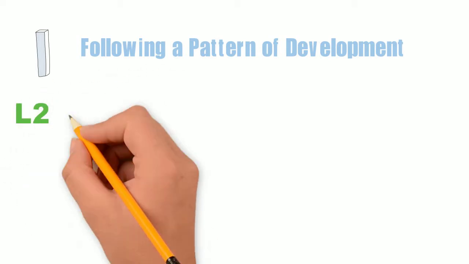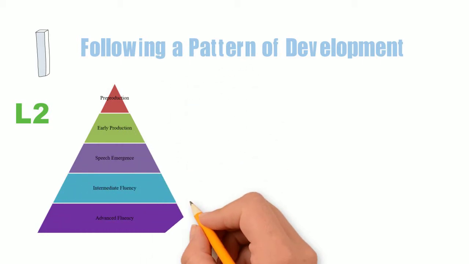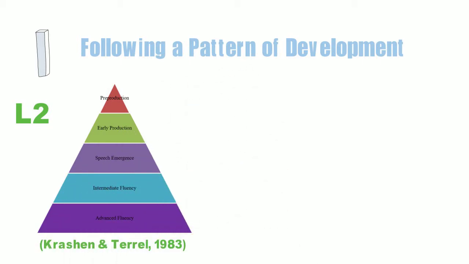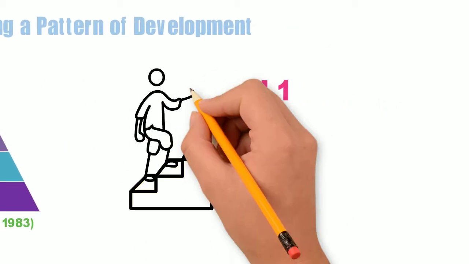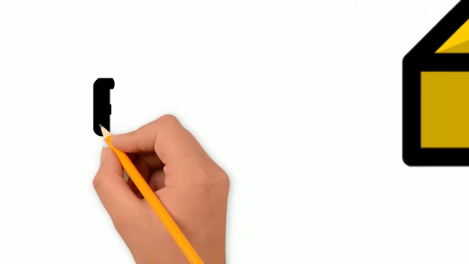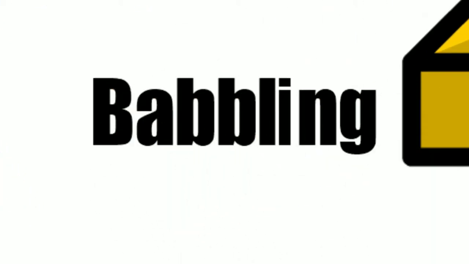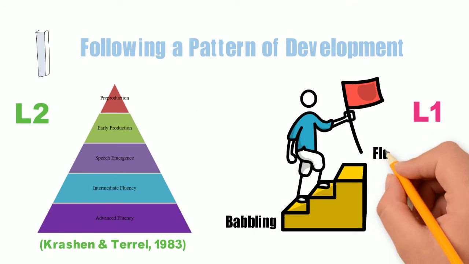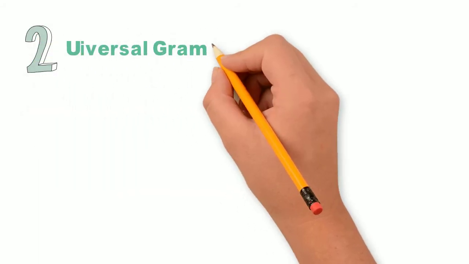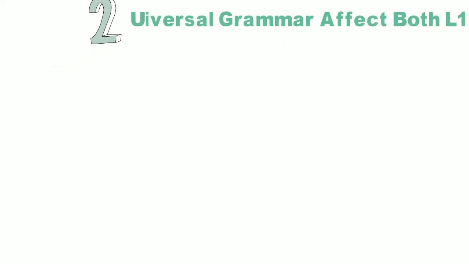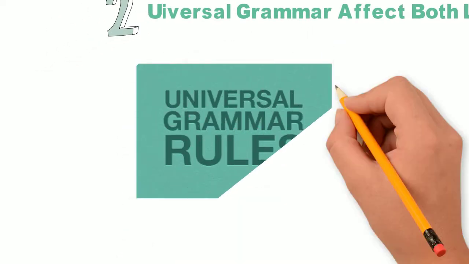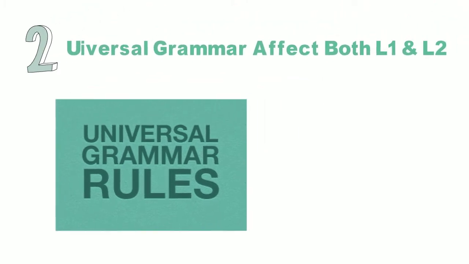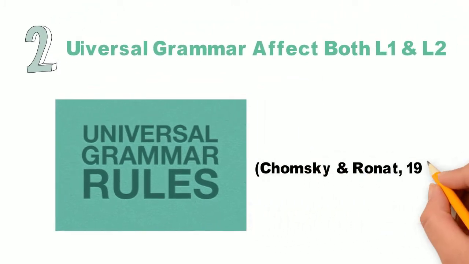According to Krashen and Terrell, students learning a second language move through 5 predictable stages, while for children learning their native language, linguistic competence also develops in stages, from babbling to one word to 2 words, then telegraphic speech, and finally reach fluency. Secondly, universal grammar, a theory proposed by Chomsky, can affect both L1 and L2 acquisition. In L2 acquisition, it may influence learning either independently or through L1.